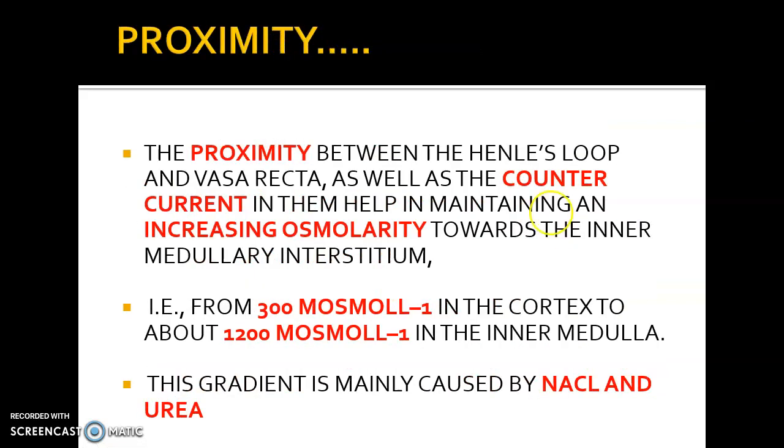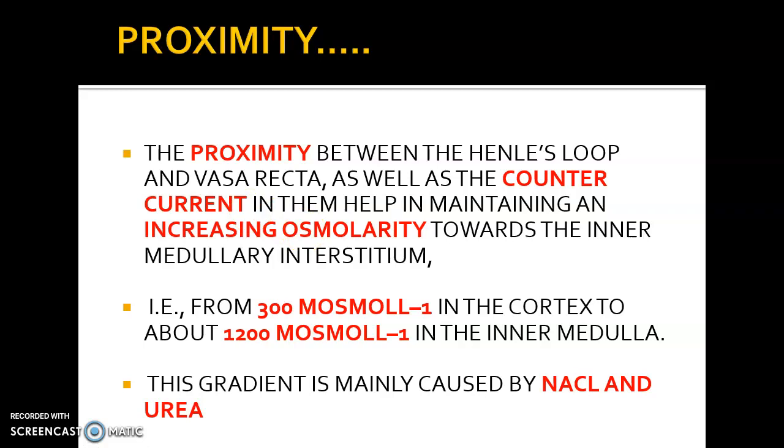Another factor which is quite crucial for the formation of concentrated urine is the closeness that exists between the Henle's loop and the vasa recta. The proximity between the Henle's loop and vasa recta as well as the counter current in them help in maintaining an increasing osmolarity towards the inner medullary interstitium.